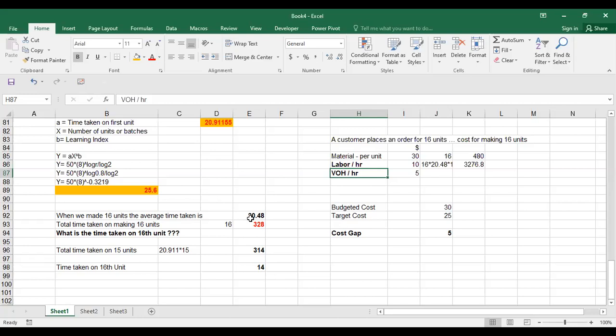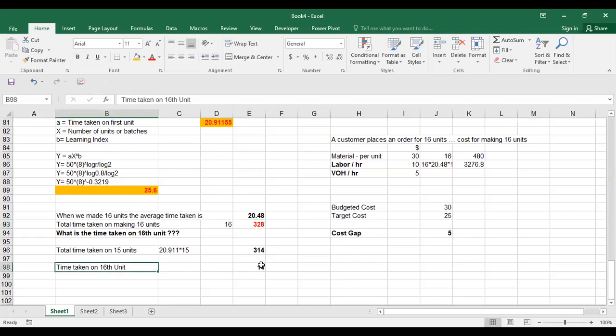And you know how to calculate the cost of the 15th unit. This is something they usually ask. Cost of making the 29th unit. They may ask you what is the cost of making a total of 60 units. So you calculate the time taken on the 16 units total. Or they may ask you the 15th unit cost. What is the cost of making the 15th unit or the 16th unit?